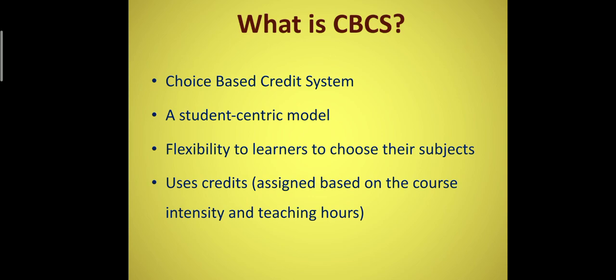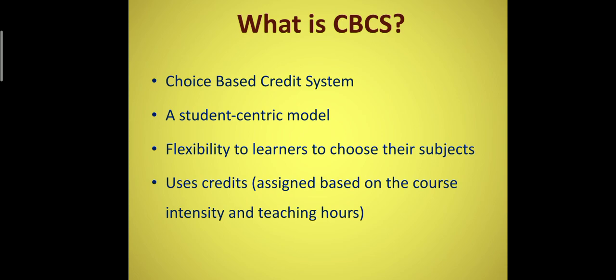Okay. So in the CBCS system, the focus is on providing flexibility, providing more and more choices to the learners, to the students, to select subjects as per their interest, as per their capacity, as per their requirement.